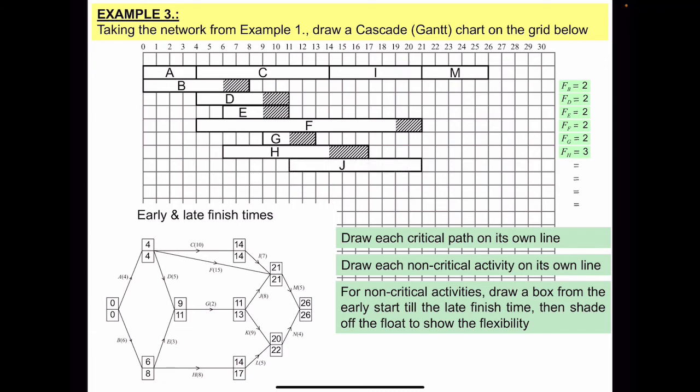Next one is J, 11 up to 21 and the float is 2. Next one is K, 11 up to 22, float is 2. L is 14 up to 22, float is 3. And then the last one is N, 20 up to 26, float is 2.